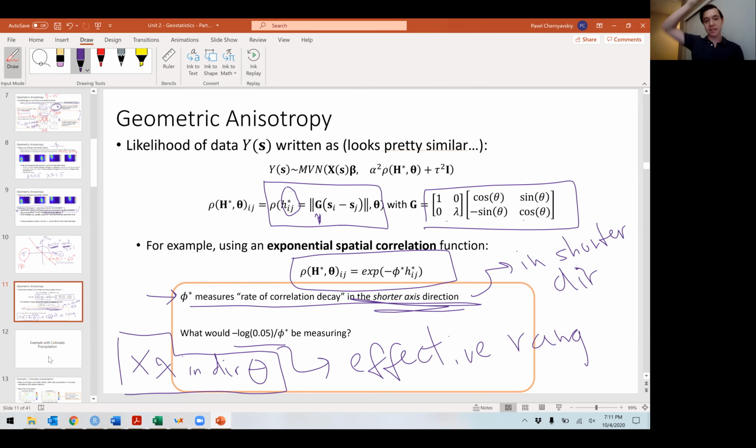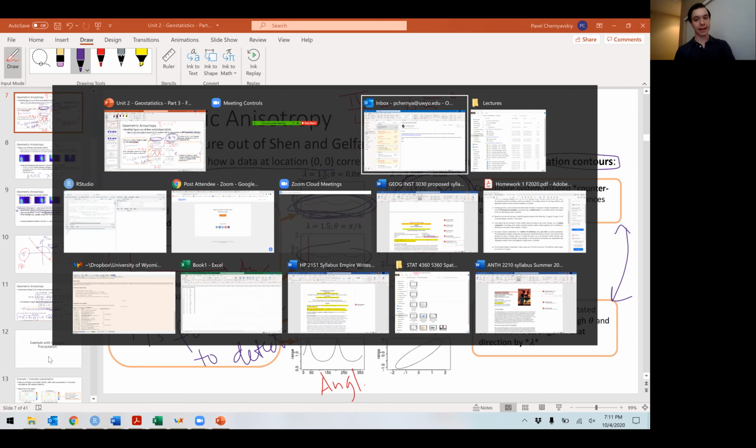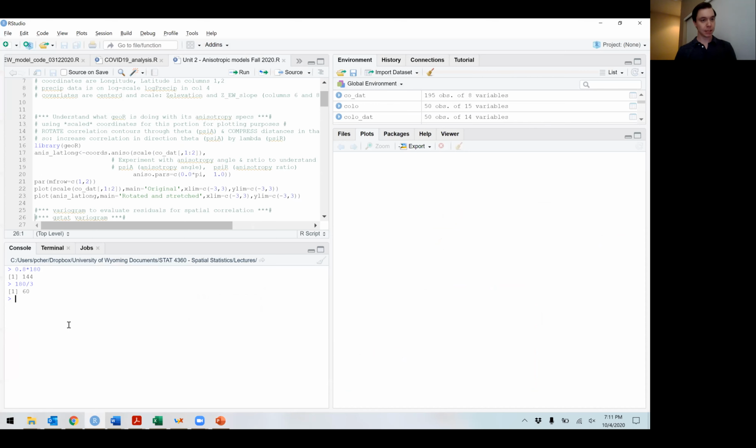We fit an ellipse, and you can trace that ellipse in a variety of different directions, and that would be your range in a variety of different directions. Okay, let's flip to R and I will go through an example of what these anisotropic models look like in R.